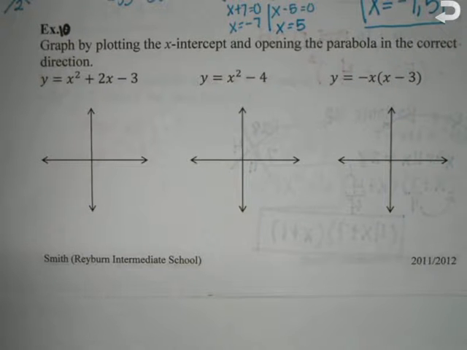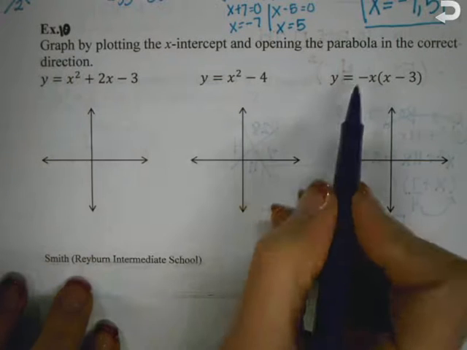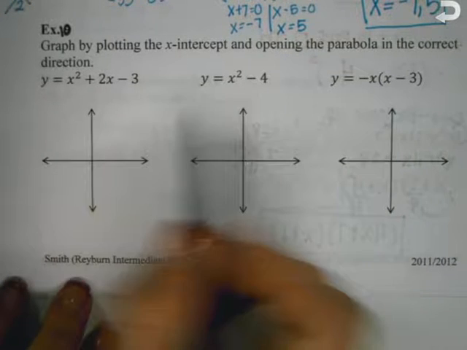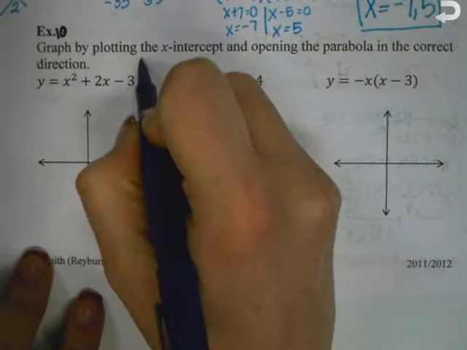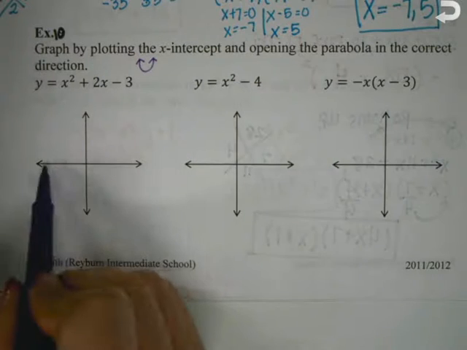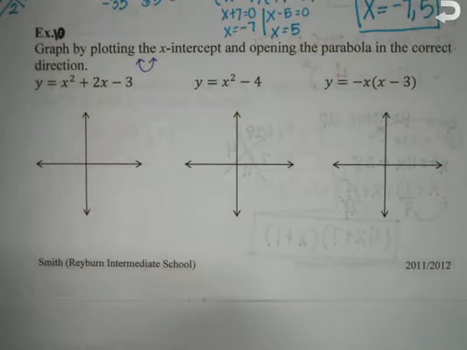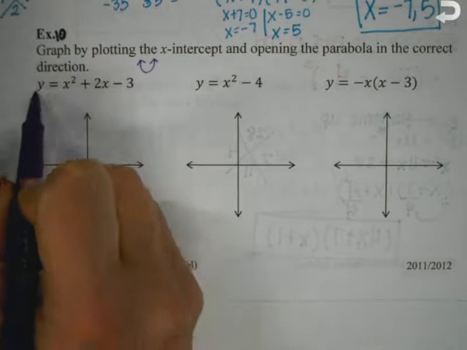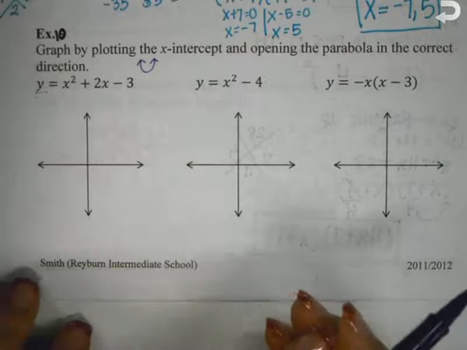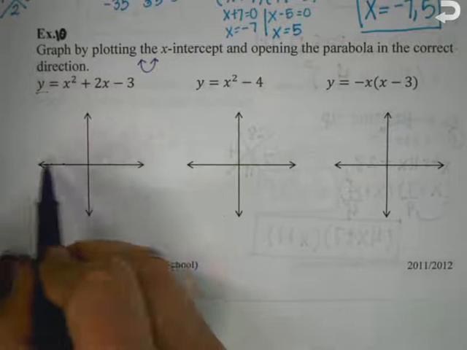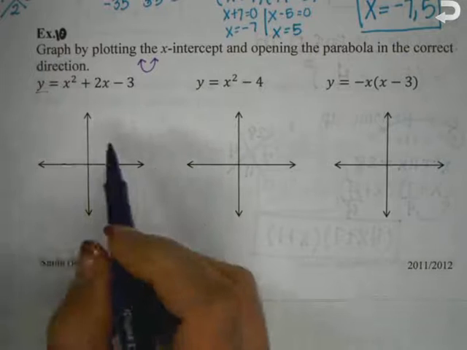So what we're going to do, we can graph the x-intercept, which is where the parabola crosses the x-axis, and remember the parabola looks like a U. And along the x-axis, when I cross the x-axis, my y-coordinate is actually going to be, does anybody remember? If I am touching the x-axis, what's the y-coordinate? It's 0. So what we're going to do here is we're going to set the equation equal to 0.